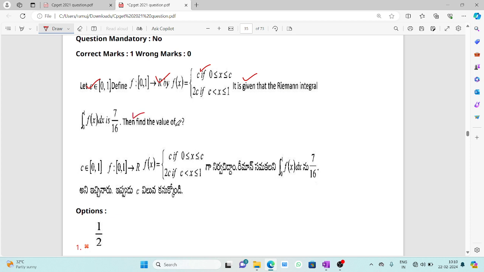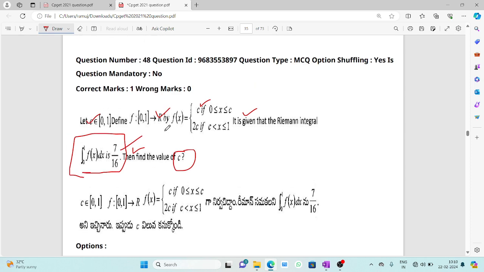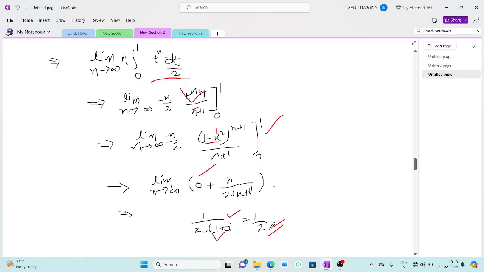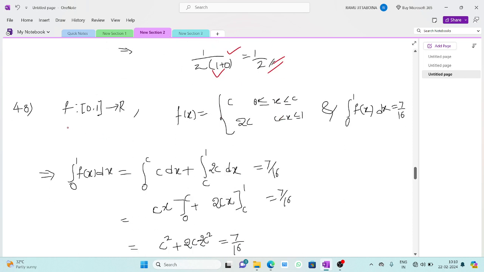Then find the value of c. The function is given like this.